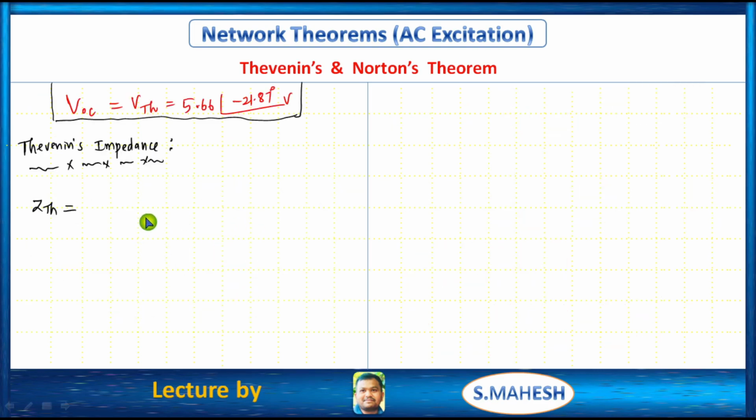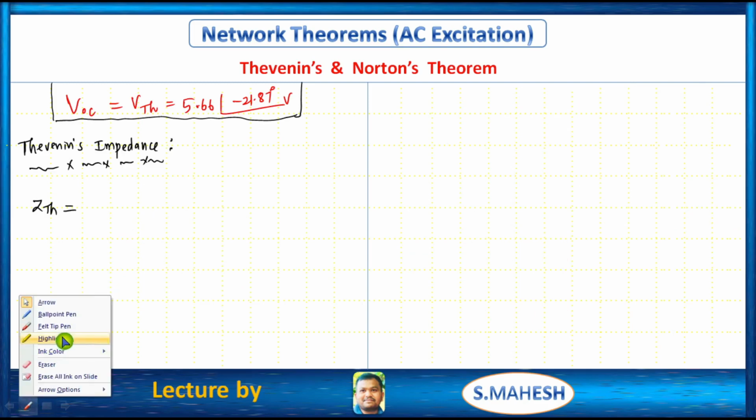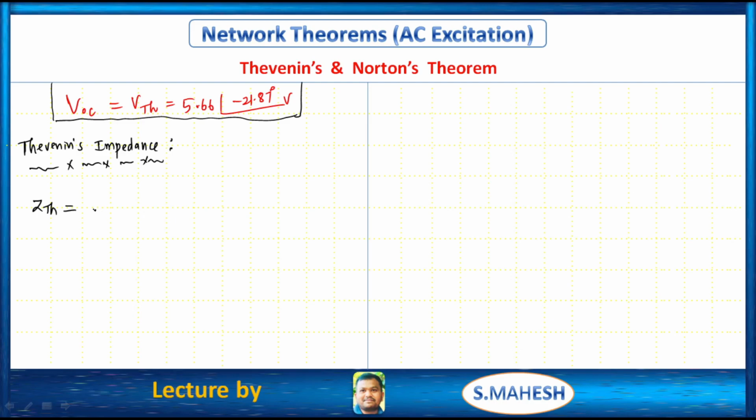Therefore ZTH is what? We have 200 plus J200, multiplied by minus J50, divided by 200 plus J200 minus J50, since both are connected in parallel.